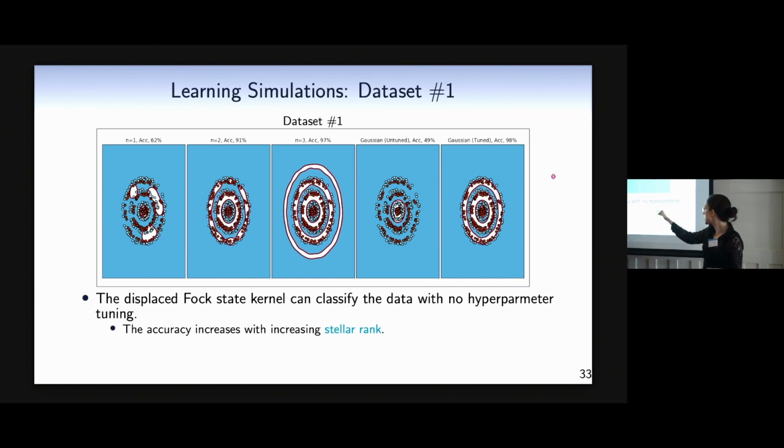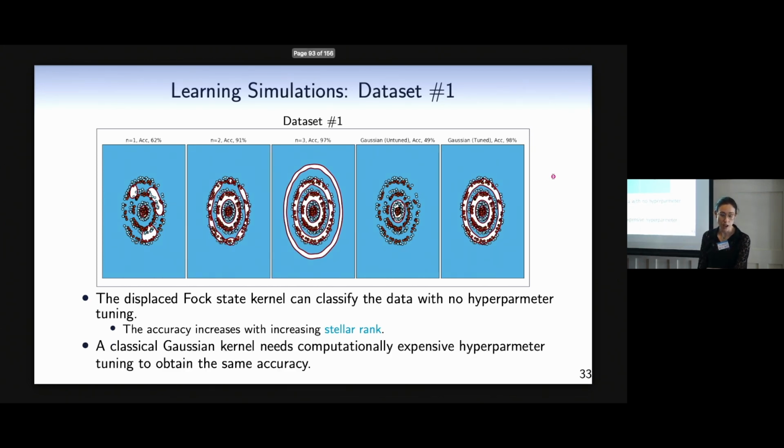And as you increase the stellar rank, the displaced Fock state kernel can classify data with no hyperparameter tuning. The n equals 1 is about 60%, but n equals 2 and 3 are above 90. Those require no hyperparameter tuning, but the classical Gaussian needs computationally expensive hyperparameter tuning to obtain the same accuracy.